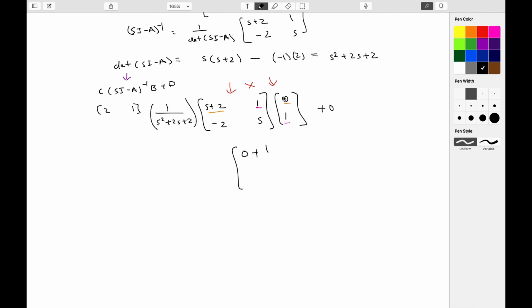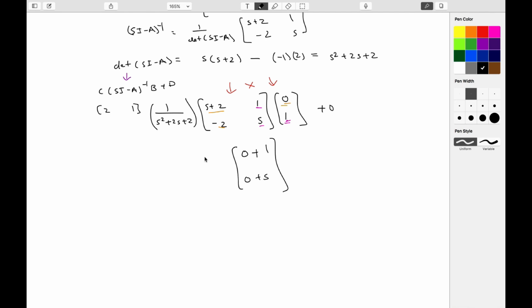Okay, and then the next entry I would take minus 2 and multiply it by 0, so I would get 0. Alright, so again, minus 2 multiplied by 0, and then take s and multiply it by 1, which gives me just s.